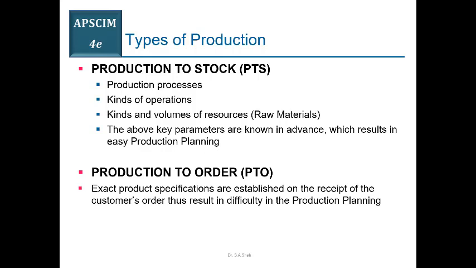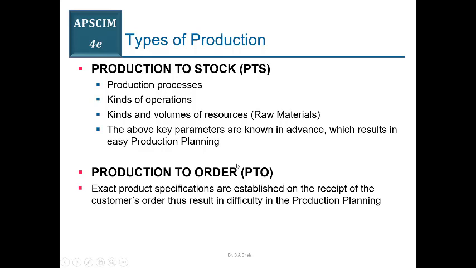However, it is very difficult to make a production plan when you are working in production to order philosophy. So production to order जो है उसमें basically आपका जो exact product specification है, so they are only established when you receive an order from the customer. जब order place हो जाता है, so then you know कि क्या product आपने बनाना होता है, you make the process plan and then you make the production plan.